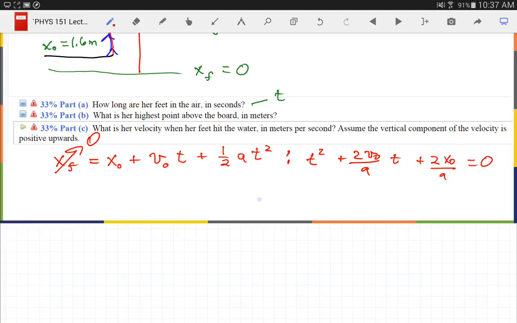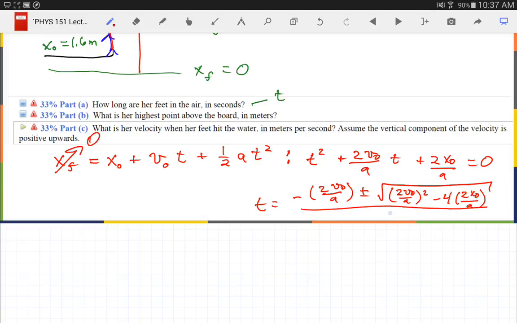And so that gives me time must be equal to negative 2v0 over a plus or minus the square root of (2v0 over a) squared minus 4 times 2x0 over a, all over 2.